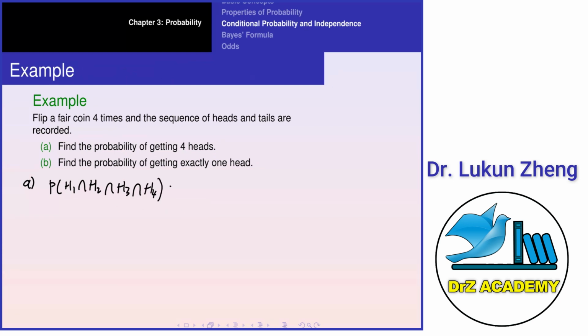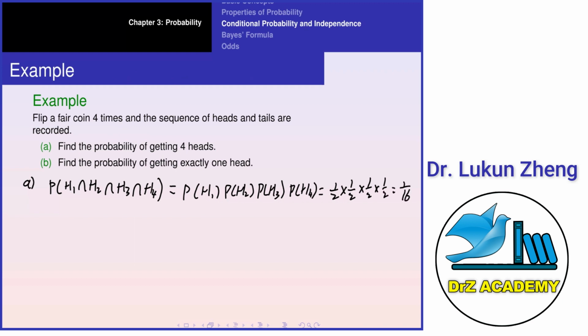Because they're independent, this is 1/2 times 1/2 times 1/2 times 1/2, which is 1/16.